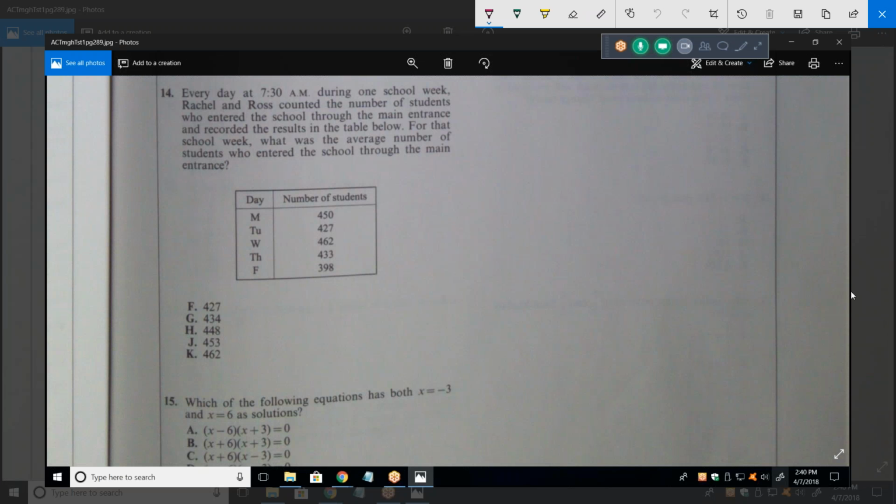All right, number 14. Now let me just make a comment about number 14. That is 7 sentences long. Is that an easy problem or a hard problem? Probably medium, right? Because it's in the middle. Trust me, it's easy.